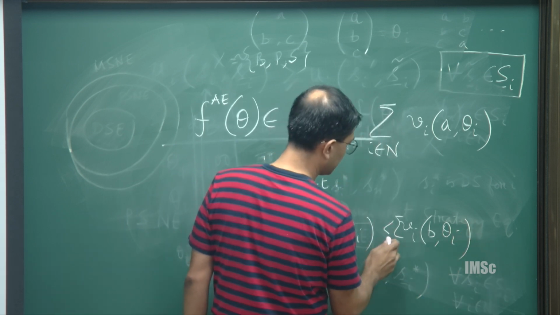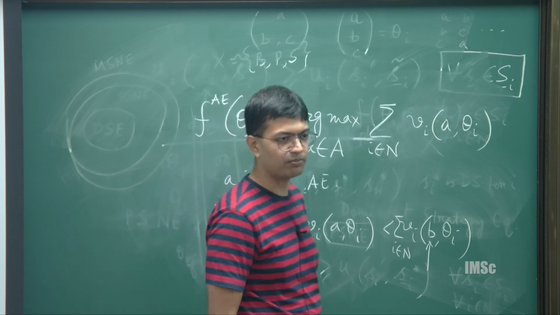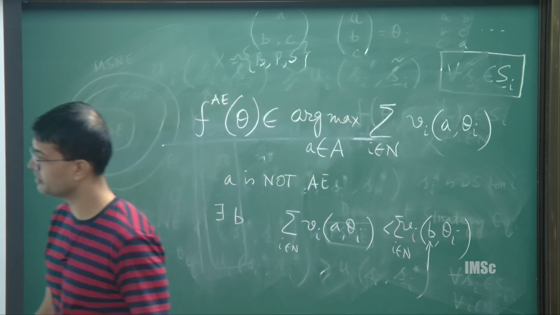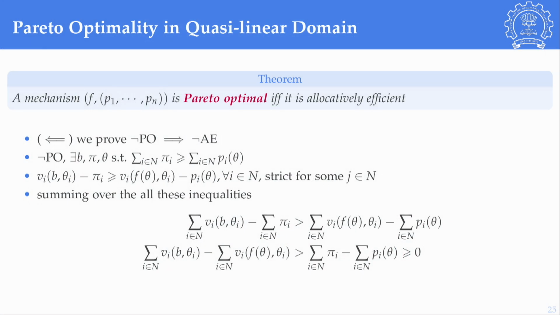So, my question is, what is my candidate b? If I want to show that this is not allocatively efficient, I will have to come up with some b which will beat it. So, can I use the same b? Yes, because you will have n inequalities, you can take the summation. And there would be some one inequality which has a strict inequality, so that side would be greater than this.